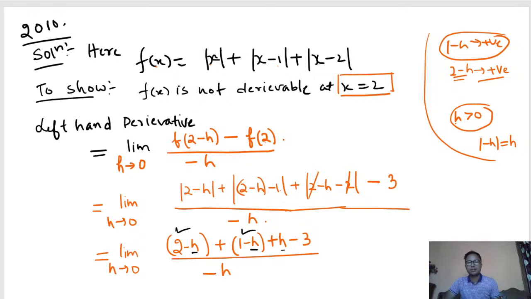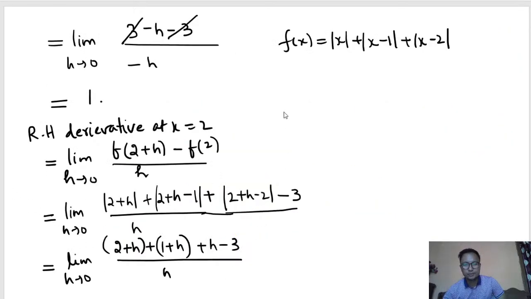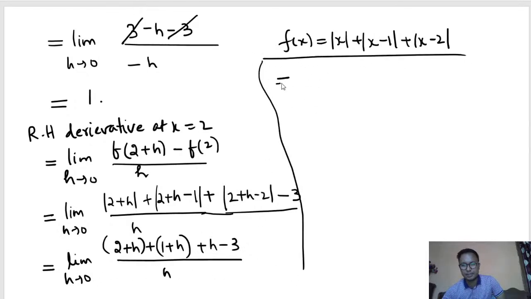So what are we getting? What I'm saying is that it's the limit. So 2 plus 1 is 3, minus 3 is 0, so 3h by 3h.